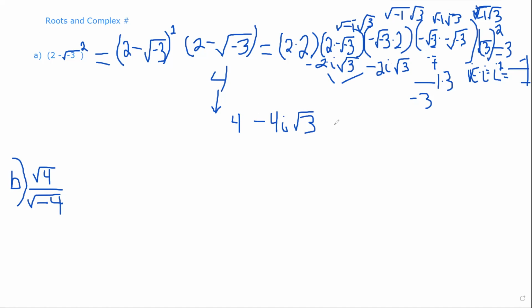And then we will show minus 3. So now, last step, let's combine like terms. I will combine 4 minus 3 for 1 minus 4i times the square root of 3. Final answer.